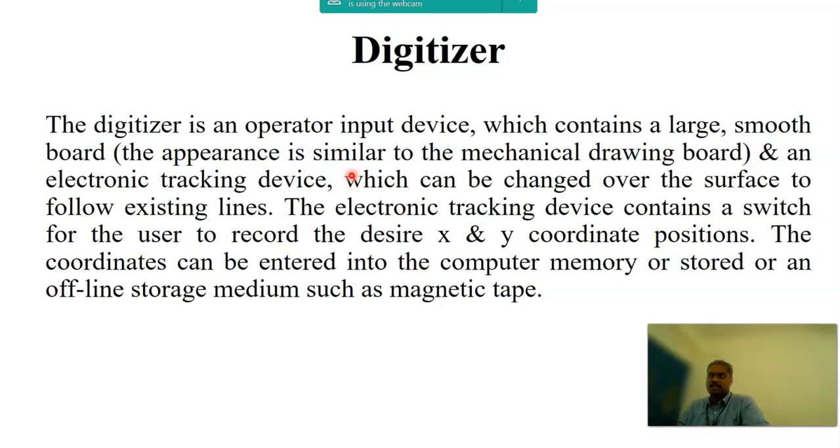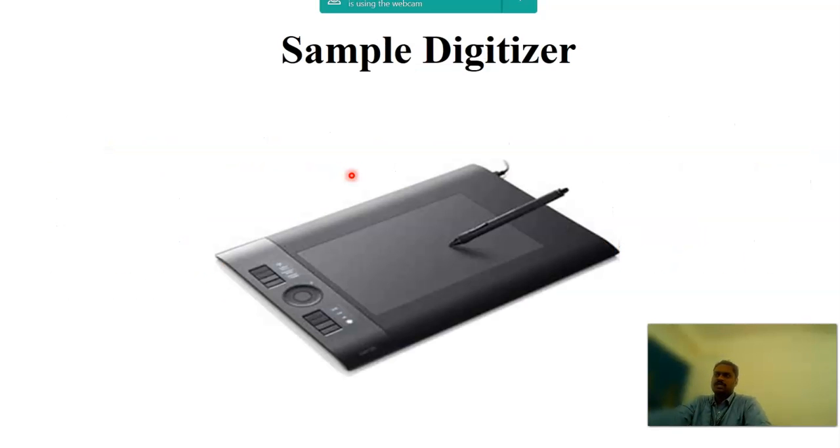The electronic tracking device contains a switch for the user to record the desired XY coordinate positions. The coordinates can be entered into the computer memory or offline storage mediums such as magnetic tape. This is a sample digitizer.